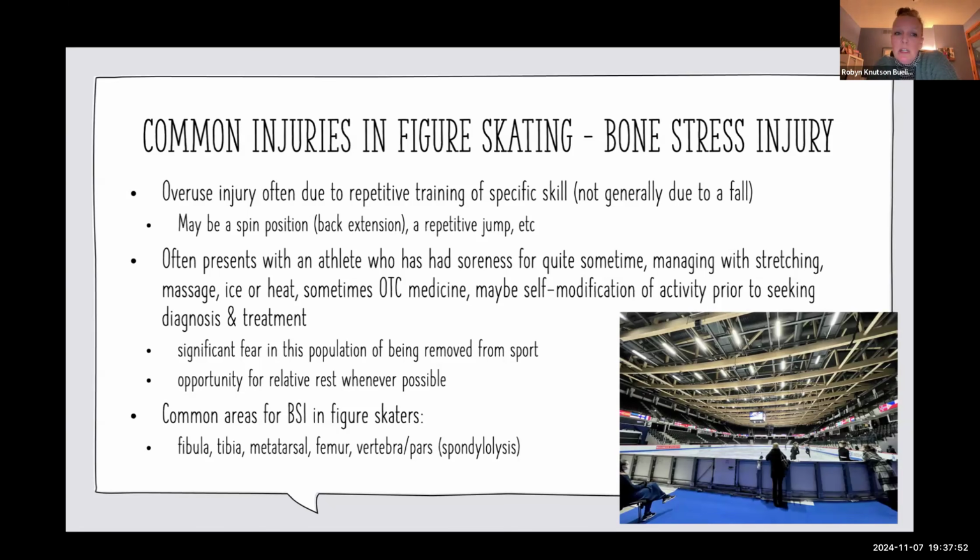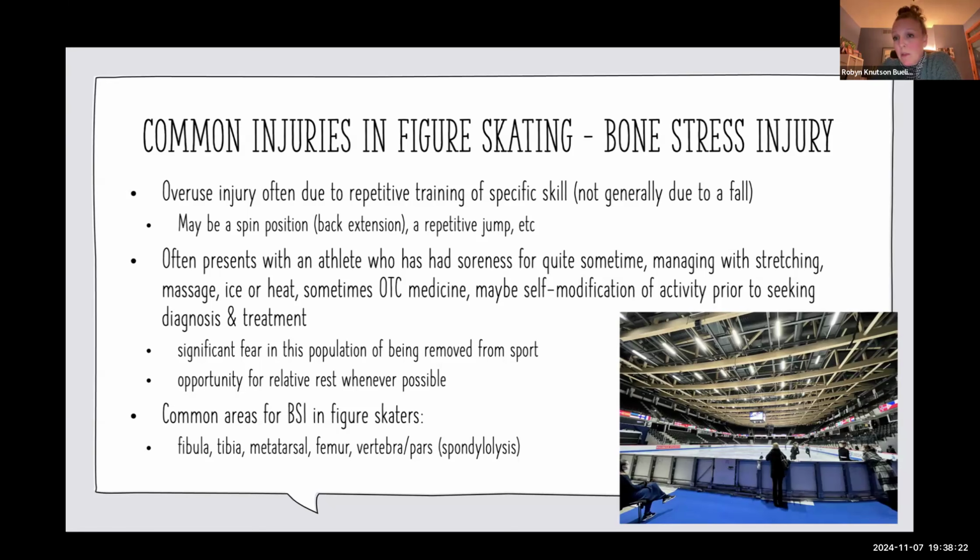So bone stress injuries. Bone stress injuries are overuse injuries, basically due to repetitive training of some specific skill. Oftentimes this is a repetitive jump or a repetitive takeoff or a repetitive landing. Sometimes it's also a repetitive position. So a hyperextension of the spine is a pretty common one. Most of the time when I see these athletes, they have had this issue for quite some time before they come in to see us.